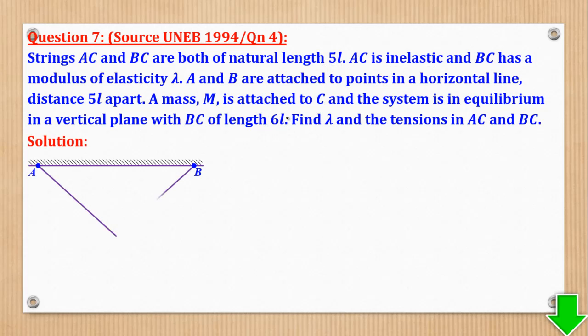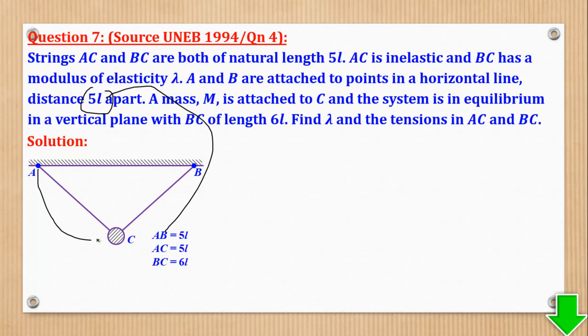So we have 2 points A and B separated by distance 5L, so AB is 5L. Then AC is also 5L because it is inelastic. Then BC is 6L. It has been stretched. Then we have weight, and because of weight there will be tension in the strings.